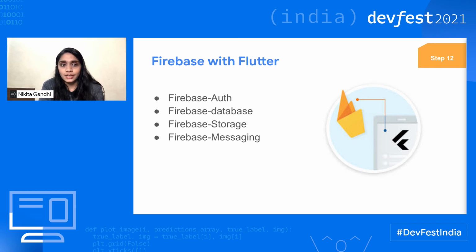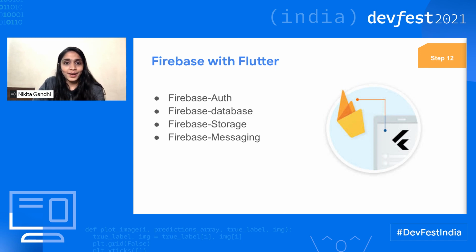You can also try integrating your databases using Firebase. You can try using Firebase storage libraries. You can try Firebase messaging to send messages in bulk to your users. This is a very beautiful integration, and I encourage you all to also try how to integrate Firebase with Flutter.